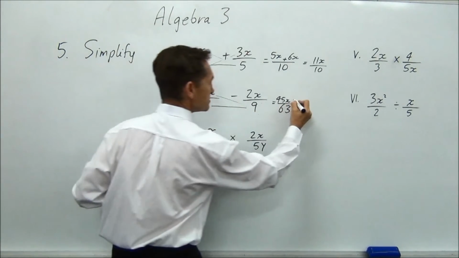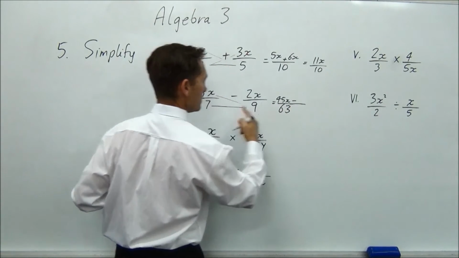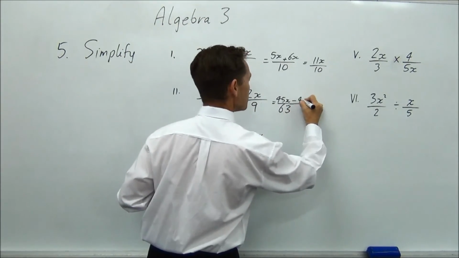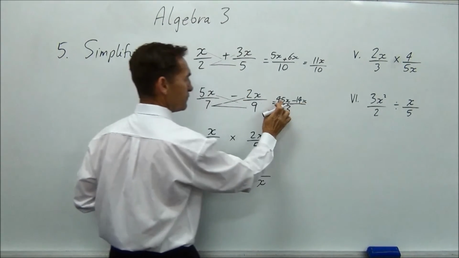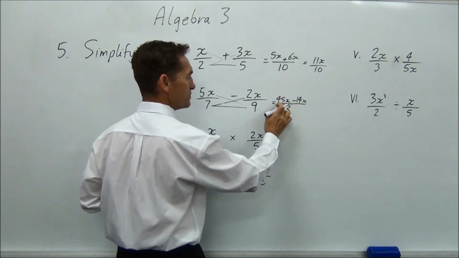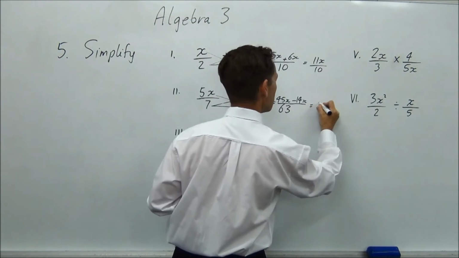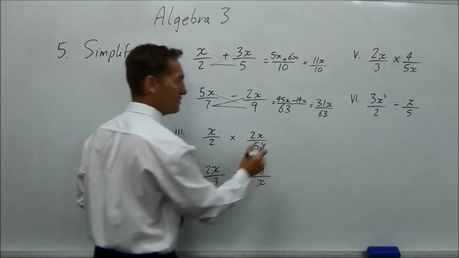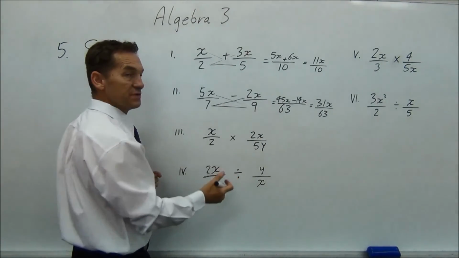And there's a minus sign, so I'll put a minus sign there. 7 times 2x is 14x. 45 take away 14 is 31. We've got 31x and 63. We can't really simplify that anymore, so that's your answer.